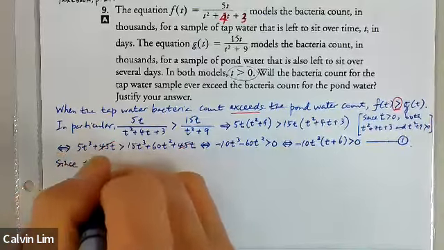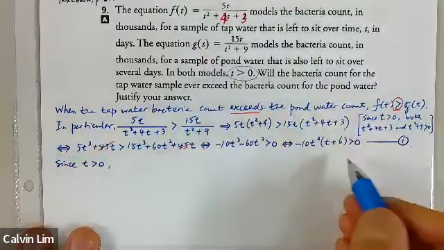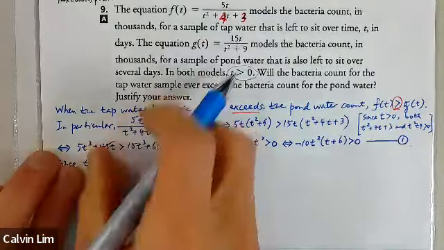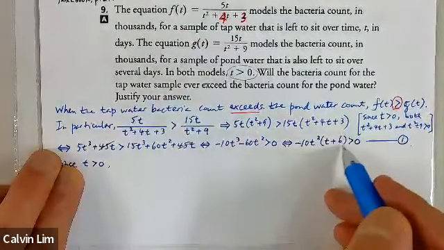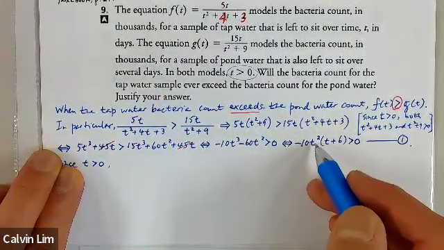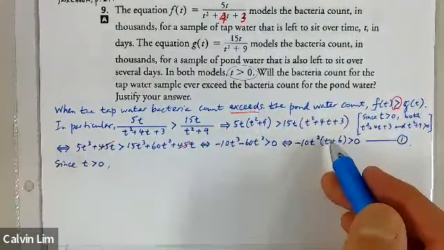Since t is greater than 0, once the expression is in factored form, it's easy enough to do.